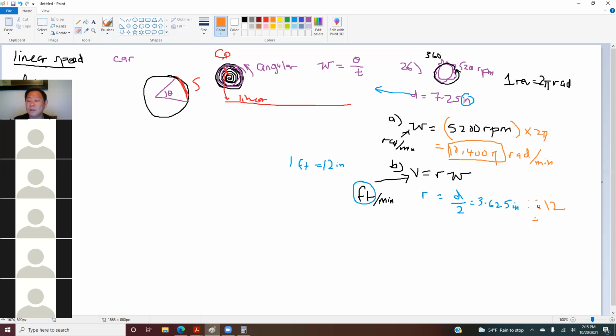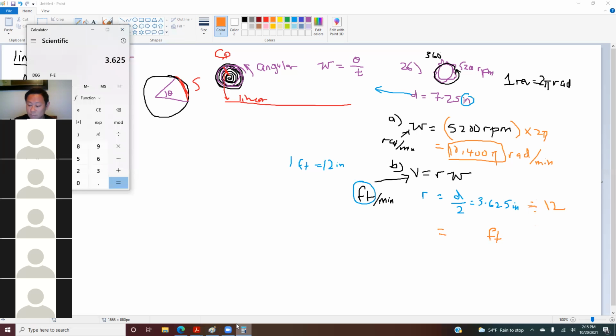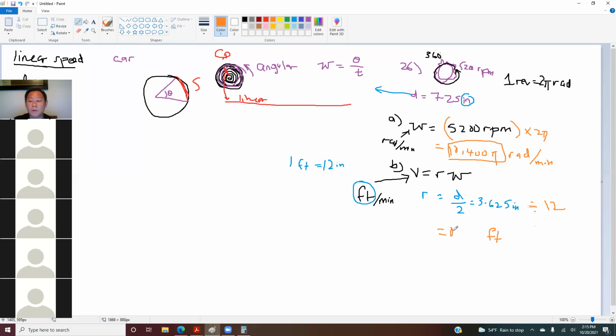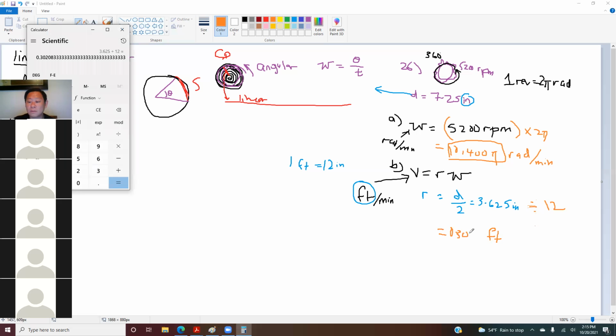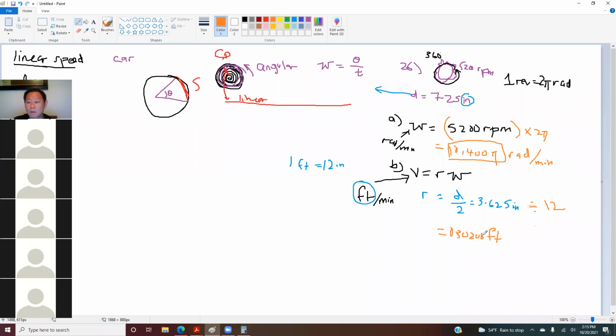So take out your calculator and divide this by 12, because the question wants feet. What is 3.625 inches in feet? You cannot round this. It is 0.30208, all those decimals. So this is in feet.